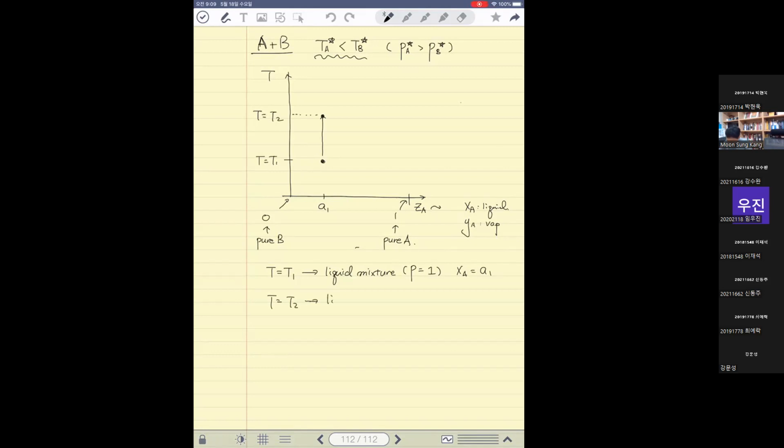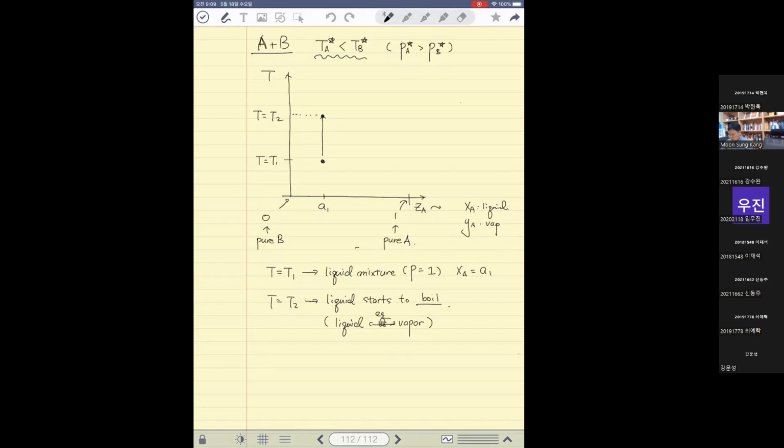you're going to have, well, liquid will start to boil. And if they boil, there should be an equilibrium between liquid phase and vapor phase, right? You have this equilibrium between these two phases.